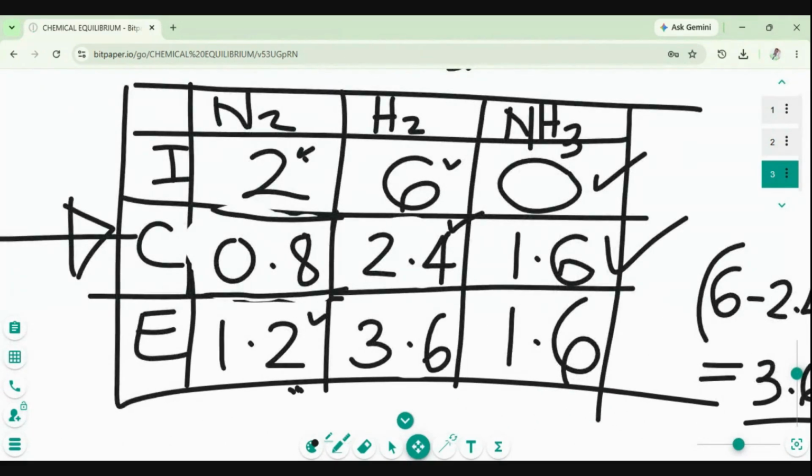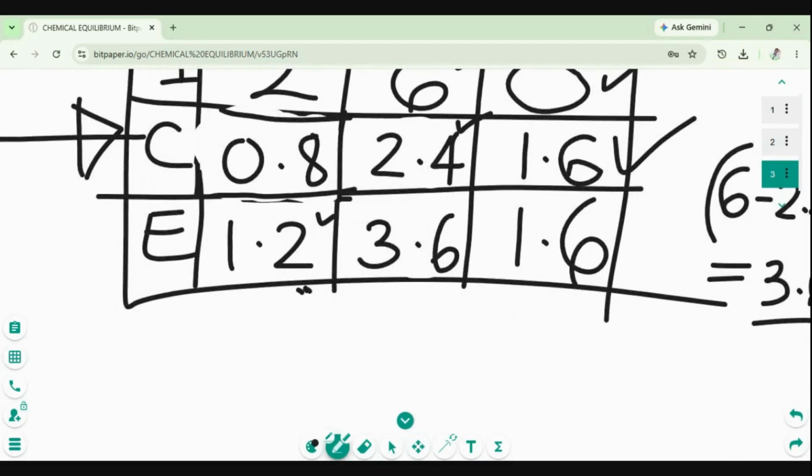That is a table full of ICE. A beautiful table full of ICE. Now, we ask ourselves a question. This ICE, do we coat it or we pot it? If we coat it, it means we want concentration. If we pot it, it means we want pressure. In this case, they are asking for Kc.